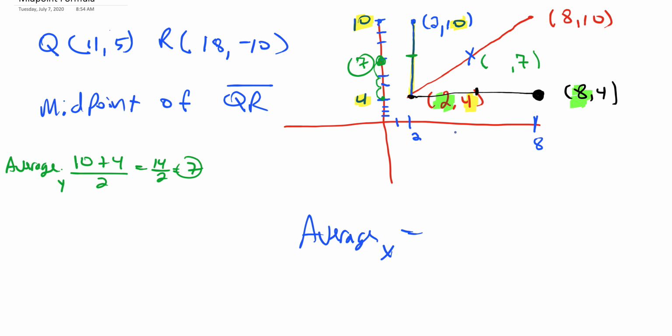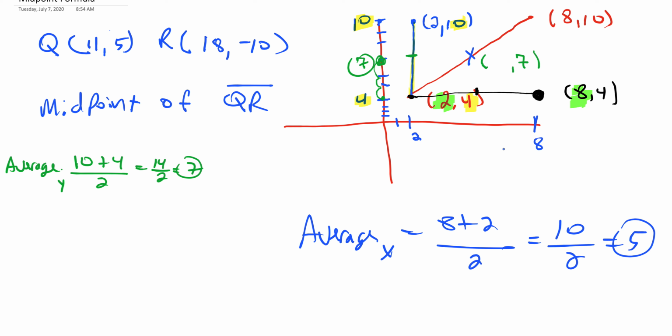Average x. All right, so you're going to do 8 plus 2 divided by what? 2. All right, so 10 divided by 2 is 5. So that tells me that right here is 5, which also tells me that is 5.